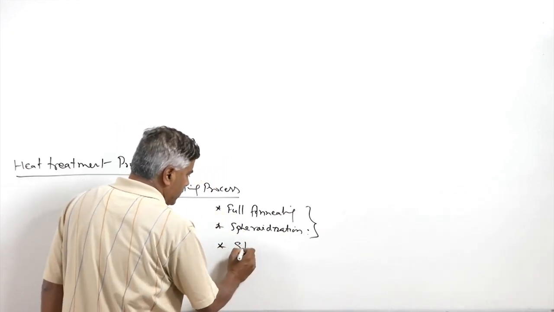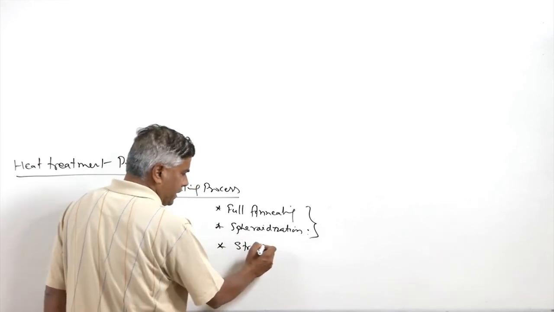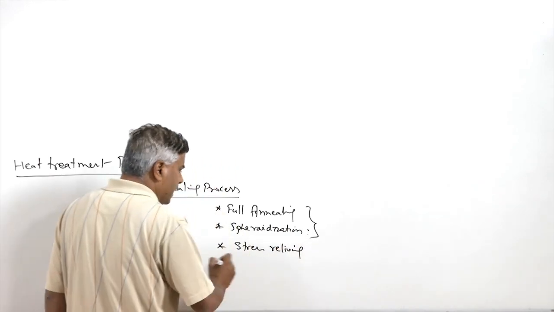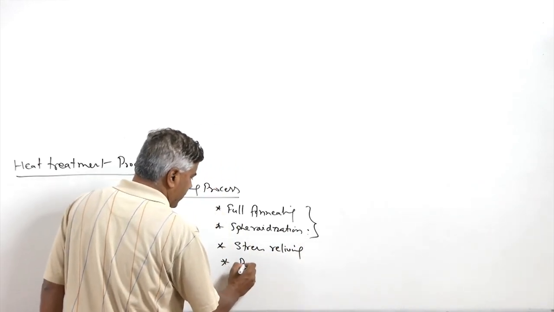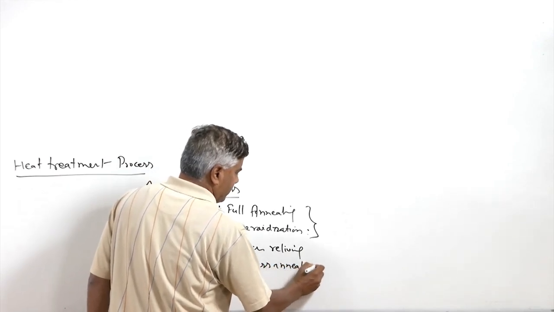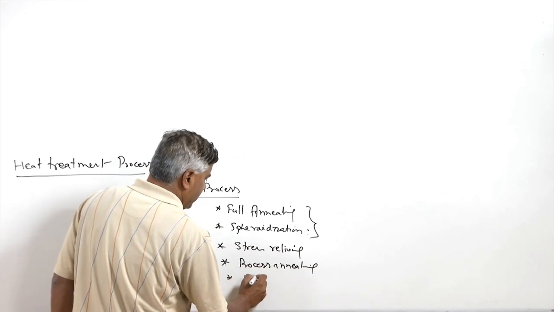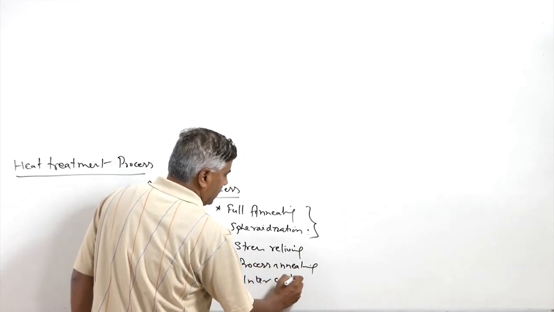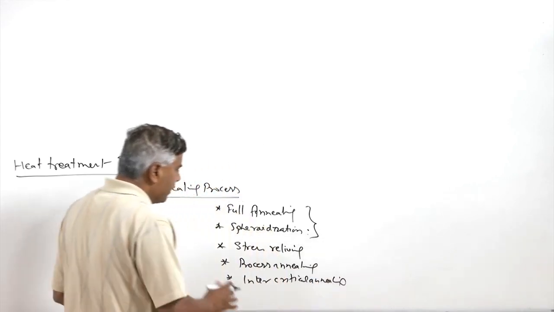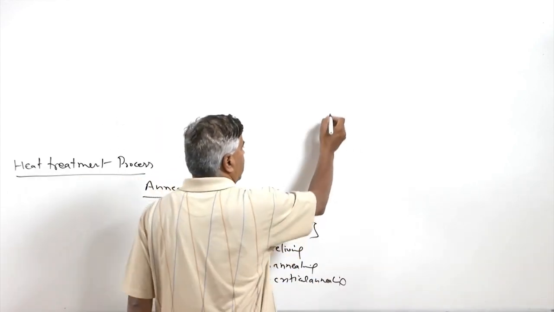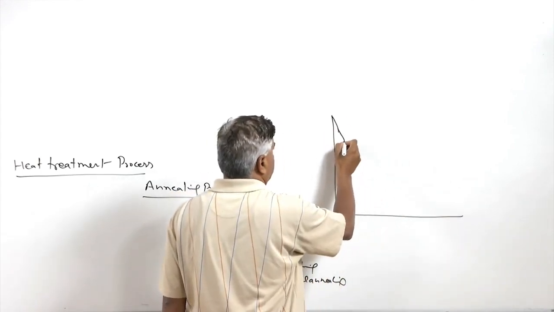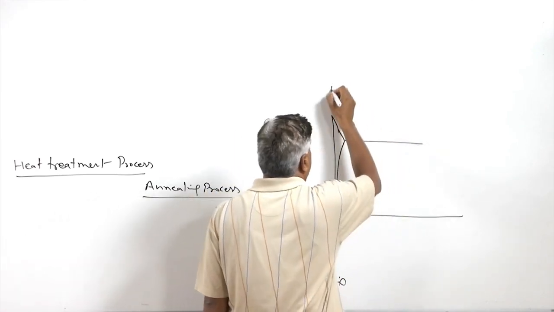Now we'll see the other three processes: stress relieving annealing for stress relief, then process annealing, and intercritical annealing. The purposes of all these processes are different, and to understand them we need to talk about them with reference to the iron carbon diagram.